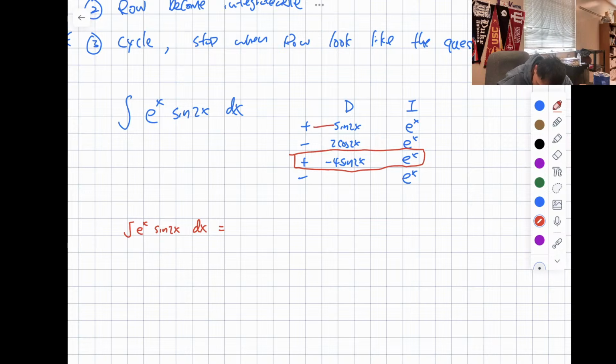So here, here, here, here, right? And here, here, right? So it's going to be e^x sine of 2x. Is that okay? Minus 2 e^x cosine of 2x. Is that okay?